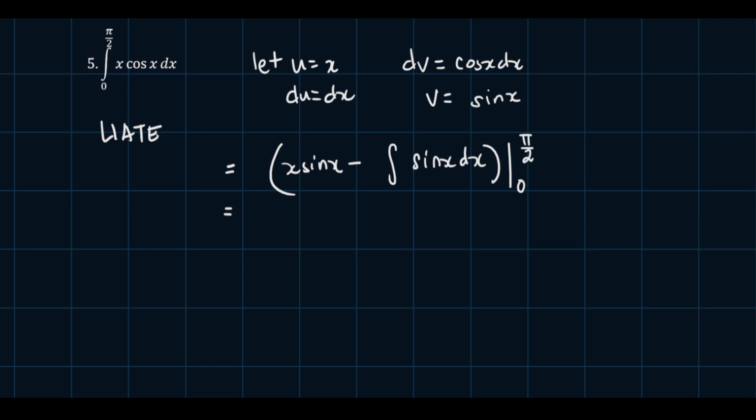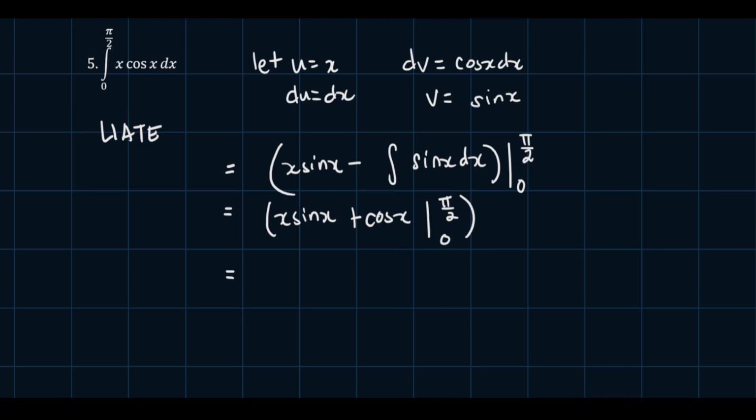Okay, so simplify. We have x sine x. Then the integral of sine x dx is negative cosine x. So minus negative cosine x. We have plus cosine x. We evaluate this from 0 to pi over 2.